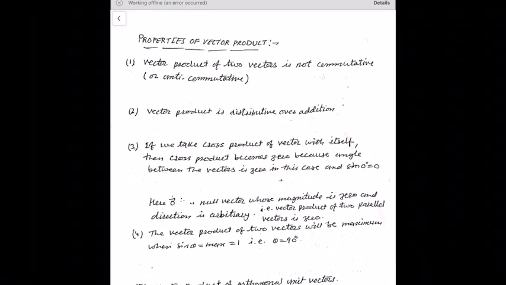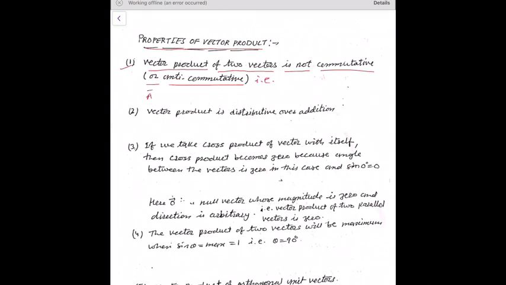Next, properties of vector product. First, vector product of two vectors is not commutative, it is anti-commutative.